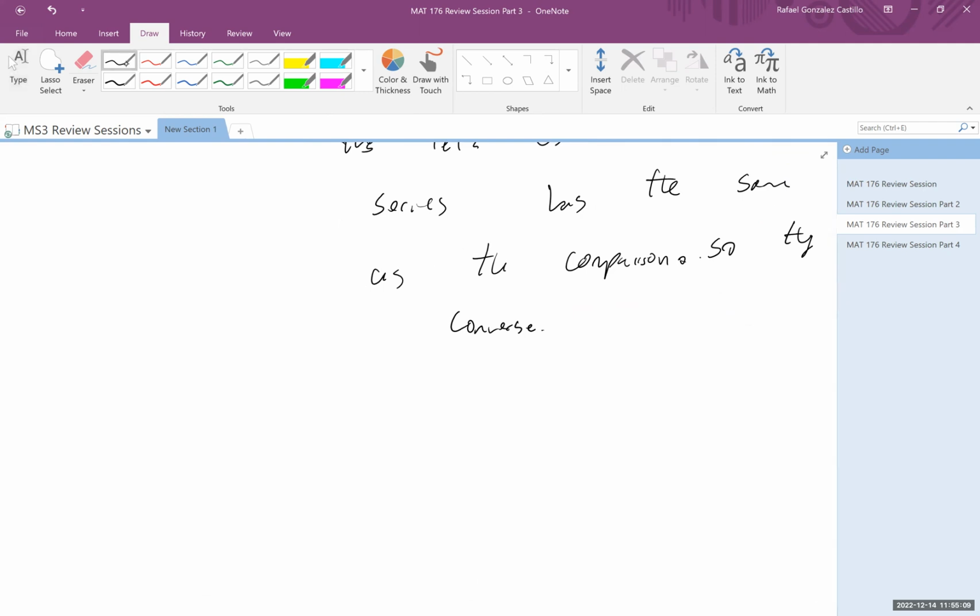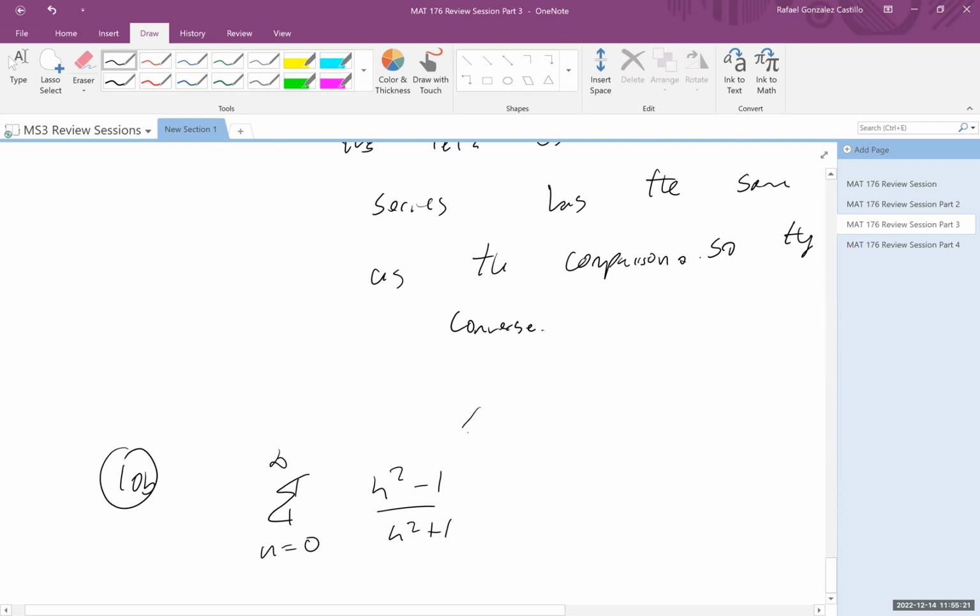Problem number 10b says the following. 10b is the series from n equals 0 to infinity of n squared minus 1 over n squared plus 1. This is actually, if you get something like this on the exam, probably the easiest problem on the exam. By far the easiest. Because this one, by the nth term test that we just did, is going to diverge.